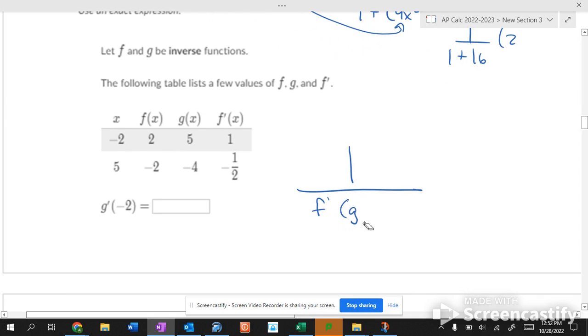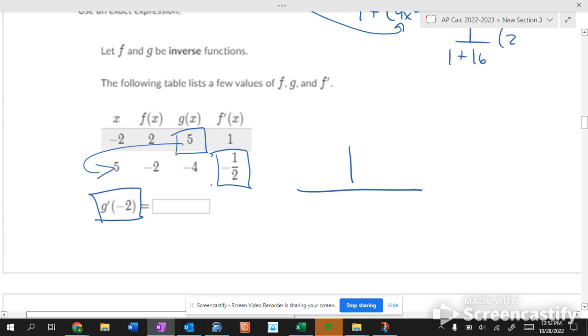Because if we have g prime of negative 2, the 5 leads us to there, which puts us here. So it's 1 over negative 1/2, which is negative 2 with no multiplying. Okay.